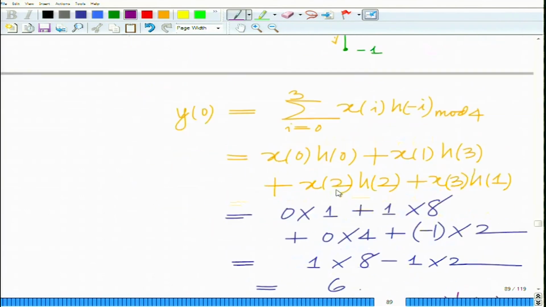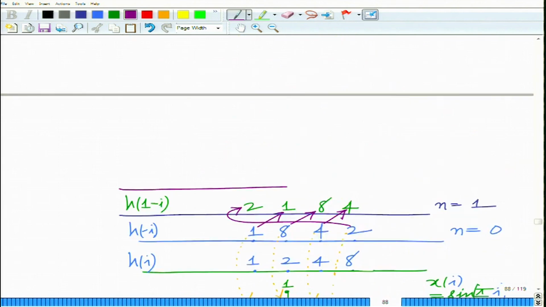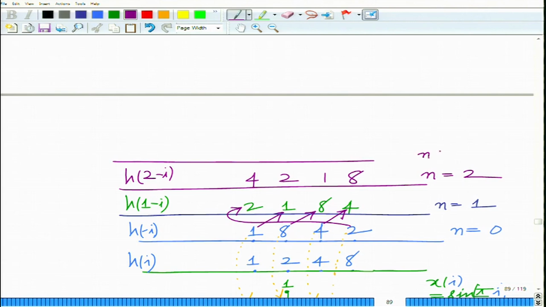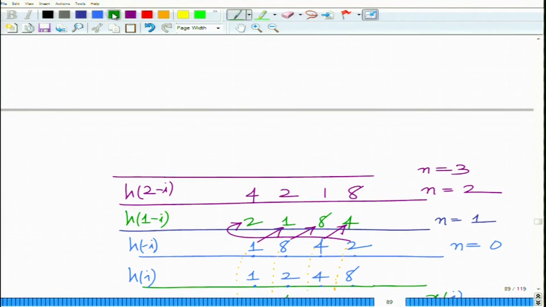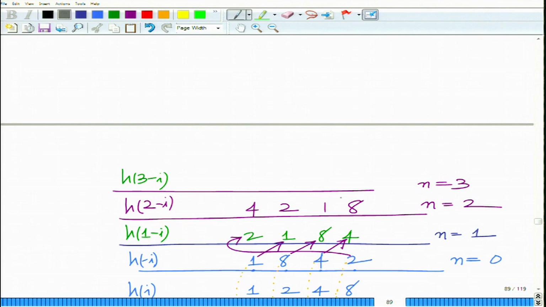And at the next time instant, n equal to 2, you have h of 2 minus i. Therefore, 4 will move to the right, so you will have 2 1 8. In the next time instant, n equal to 3, you will have h of 3 minus i, and the 8 will move to the left and each will move one step to the right: 8 4 2 1.